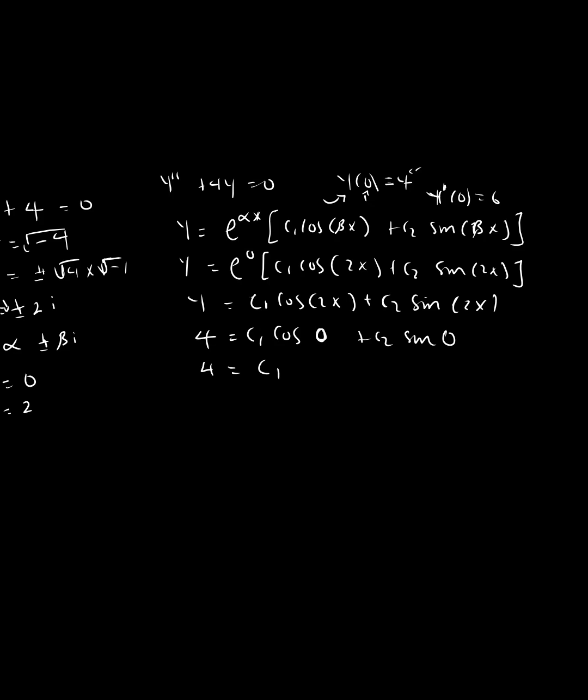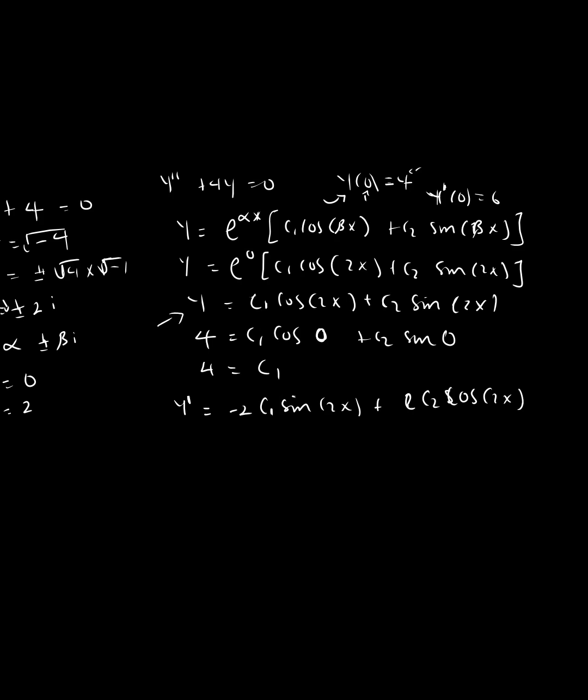Now we're going to go for the second condition, when y prime of 0 is equal to 6. So y prime is just the derivative of y. So we're going to be deriving this equation. We have y prime equal to the derivative; c1 is a constant, so we derive cos 2x, which gives negative 2 times c1 sine 2x plus 2 c2 cos 2x.